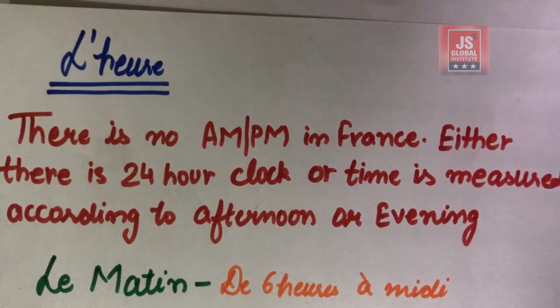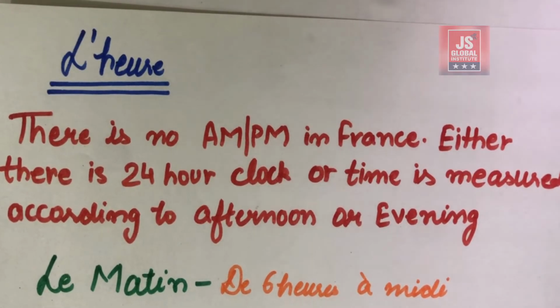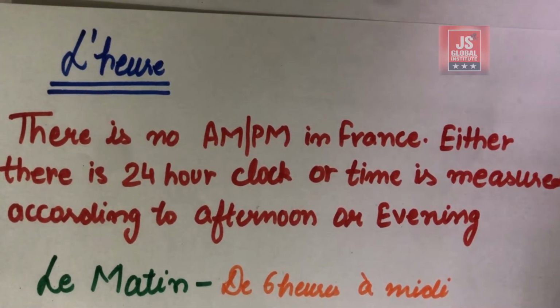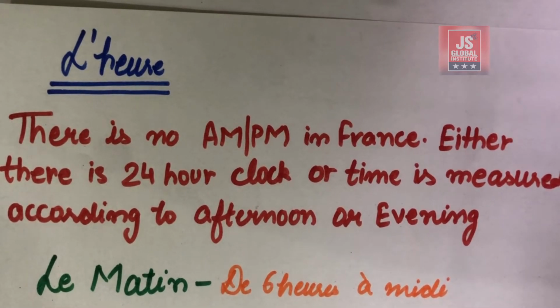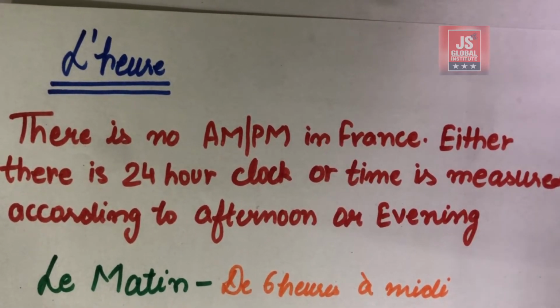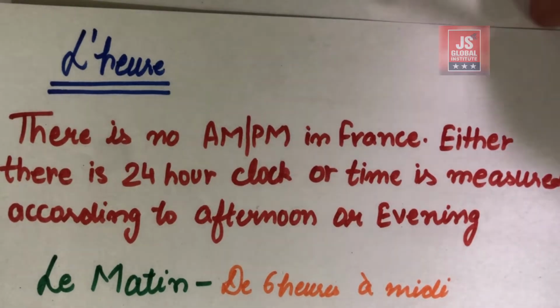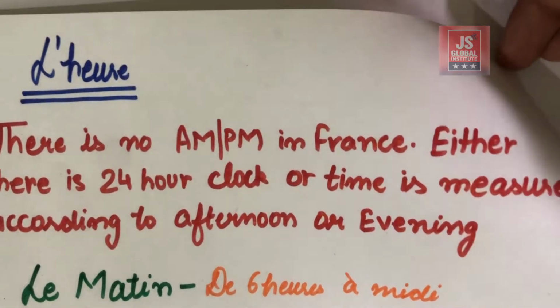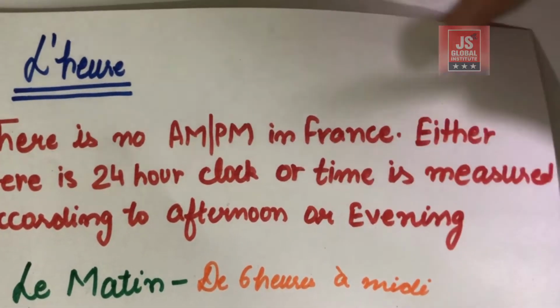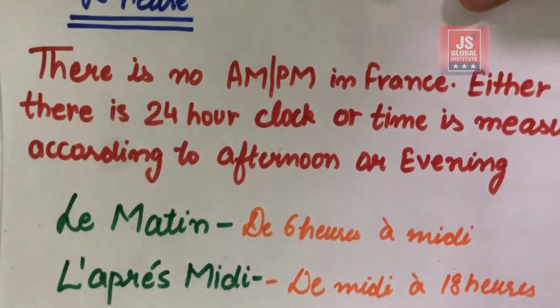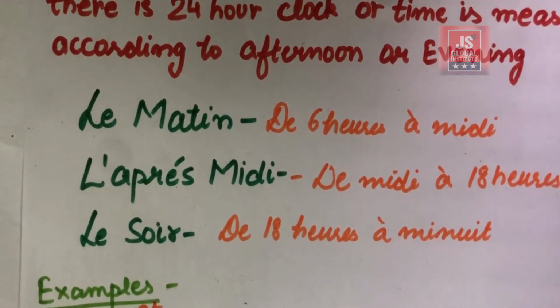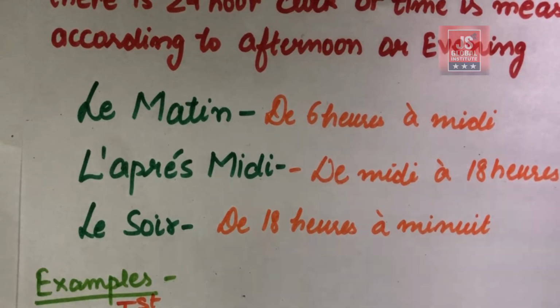L'heure. Alright. In previous lessons as well, I have mentioned what morning, afternoon and evening are called in French. But in this lesson also, I am going to repeat it, and we are going to have a look at how timings are represented in the form of morning, evening and afternoon, and also what the 24 hour format to represent time in French is.